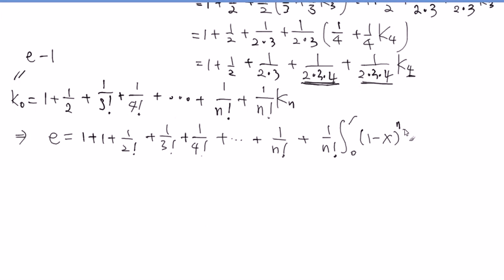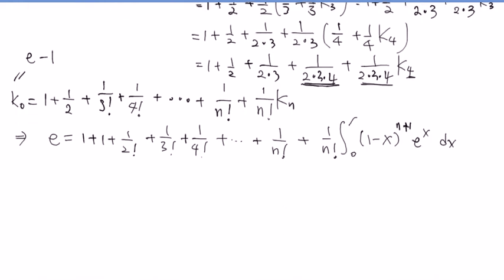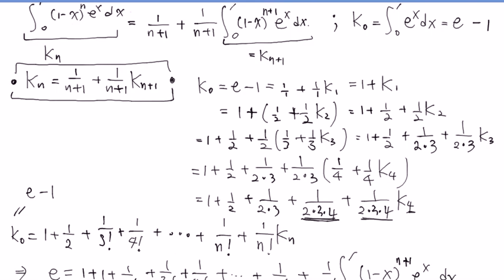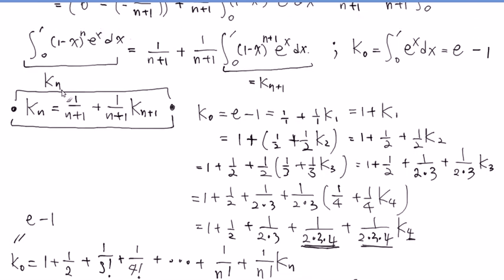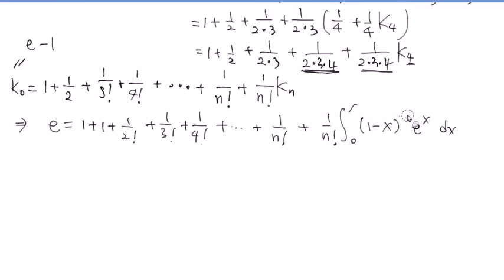I think it's n plus 1, e to the x. Kn is the n. Kn plus 1 is n plus 1. So Kn is the n, so n here is exactly the same. So it turns out this is a negligible term.